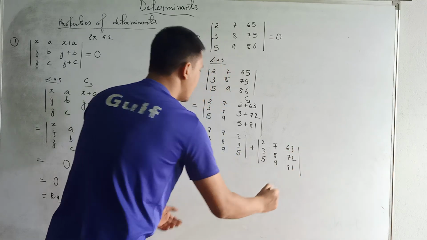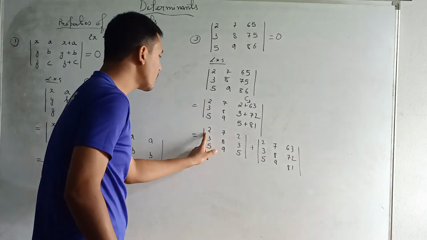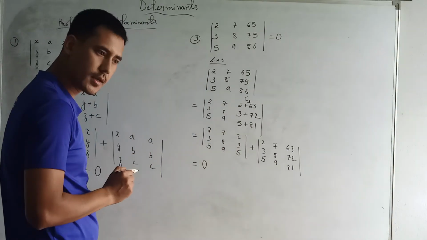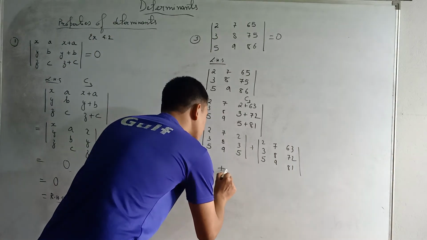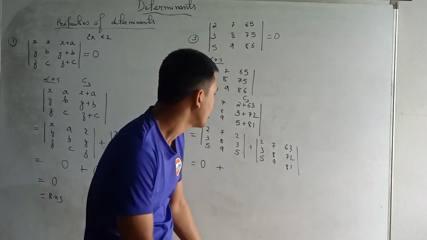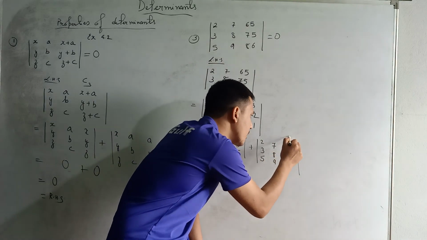Here in the first determinant, two columns are identical, so that determinant will be 0. Plus, now we will use another property.